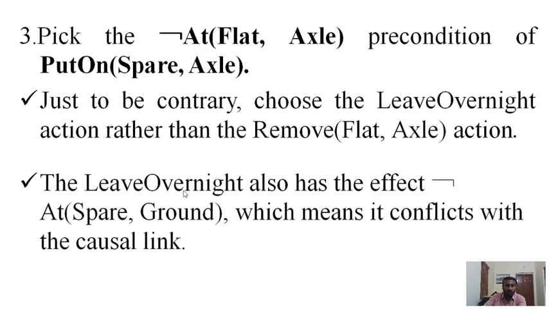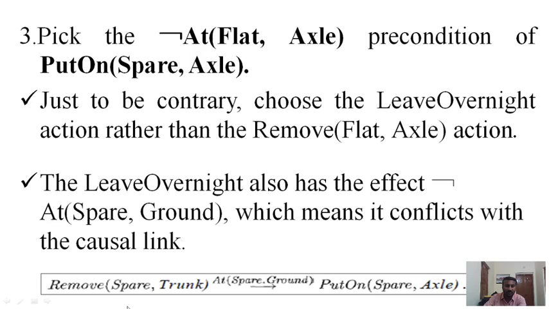Then LeaveOvernight also has the effect negation of At(Spare, Ground), which means it conflicts with the causal link Remove(Spare, Trunk), At(Spare, Ground), PutOn(Spare, Axle). If you want to perform this one, you want to remove the tire from this. If you want to remove, you want to achieve that the spare must be on the ground.